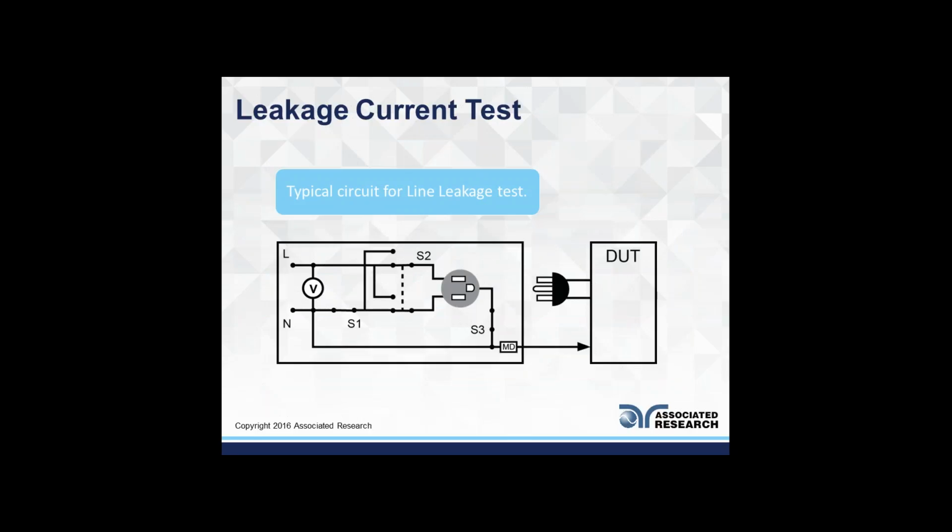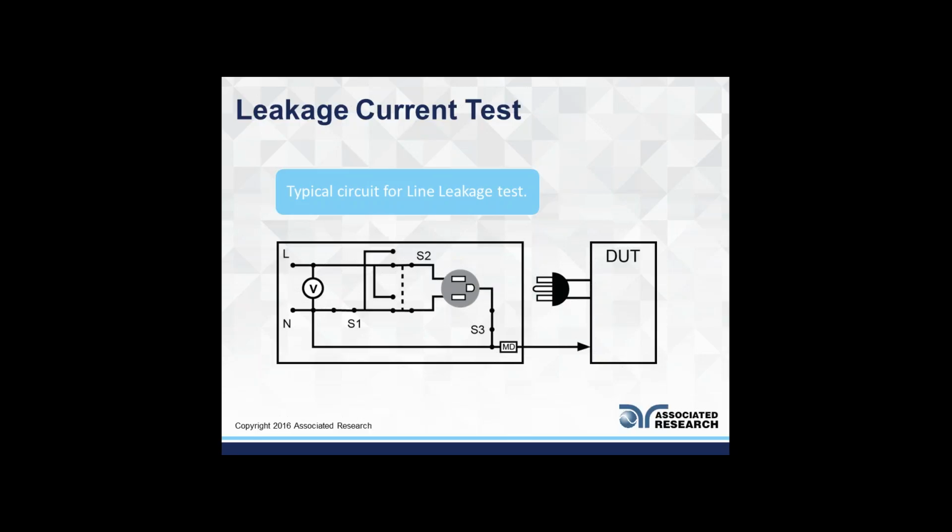Quickly take a look at the circuit diagram here for leakage current testing. What we're doing here is powering up the instrument, letting it settle, letting it be under normal operating mode. You want to make sure the device is turned on with the on switch, it's past all your boot up sequences and everything, and now it's operating under normal conditions.